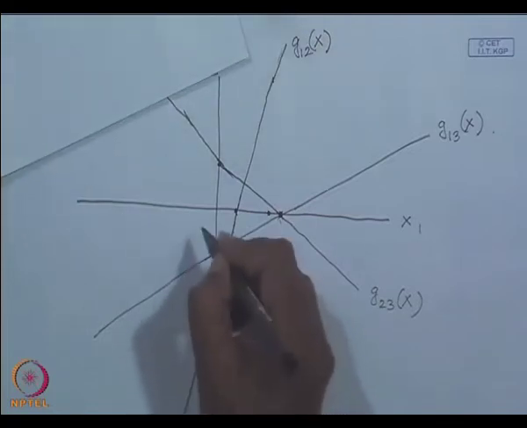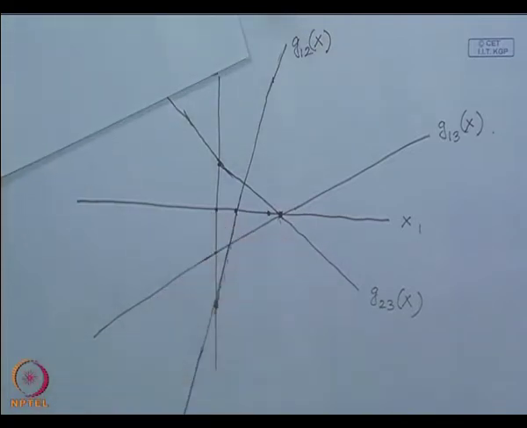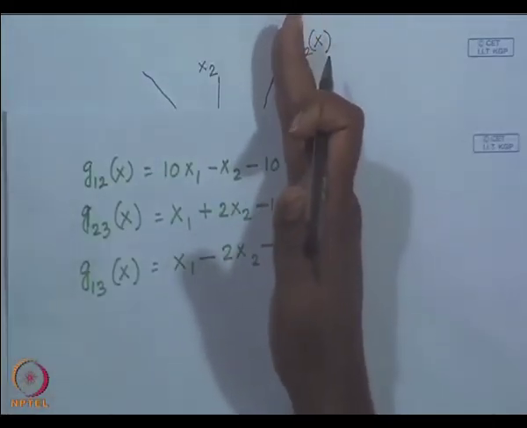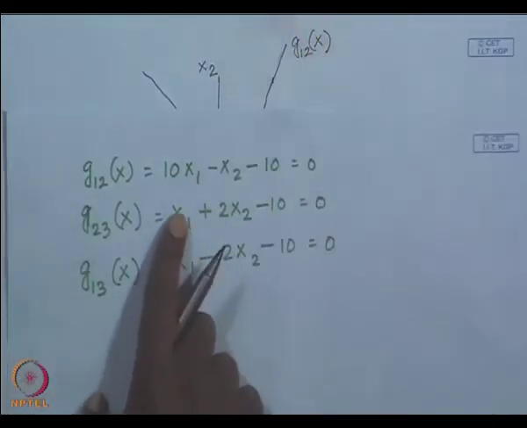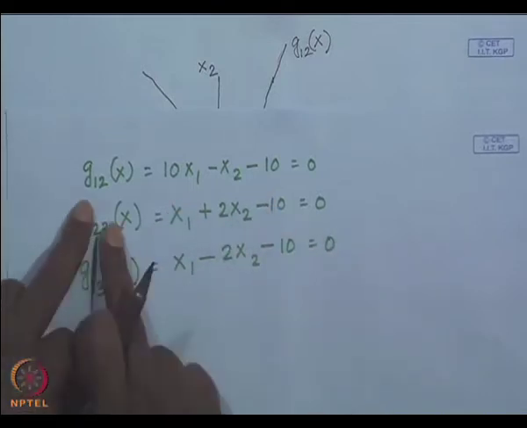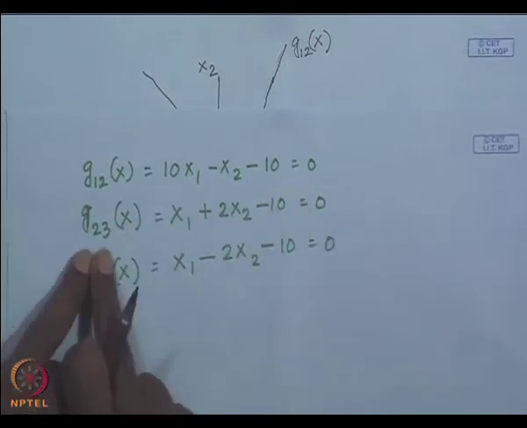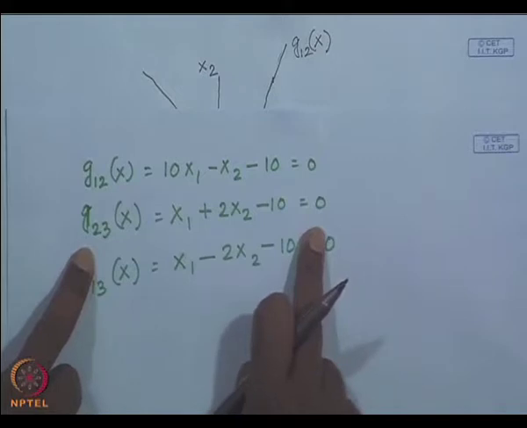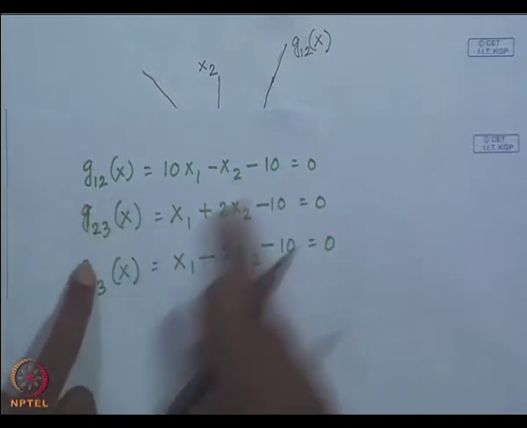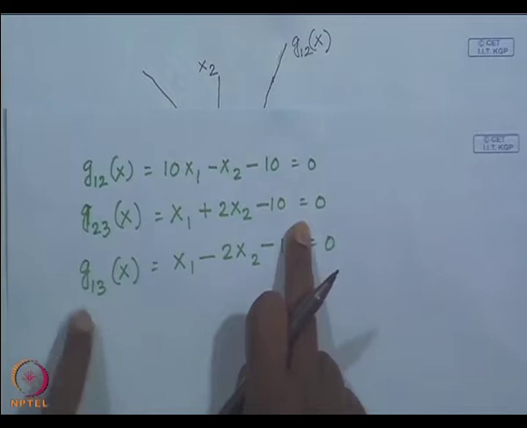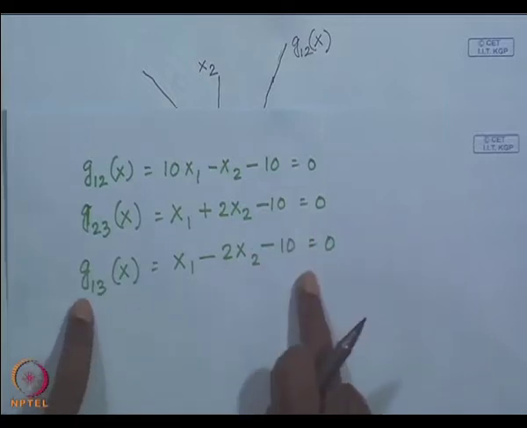Now, let us put the point 0, 0 into each of these discriminating functions. For 0, 0, you find that G12x will be negative, G23x will be negative, and G13x will also be negative.